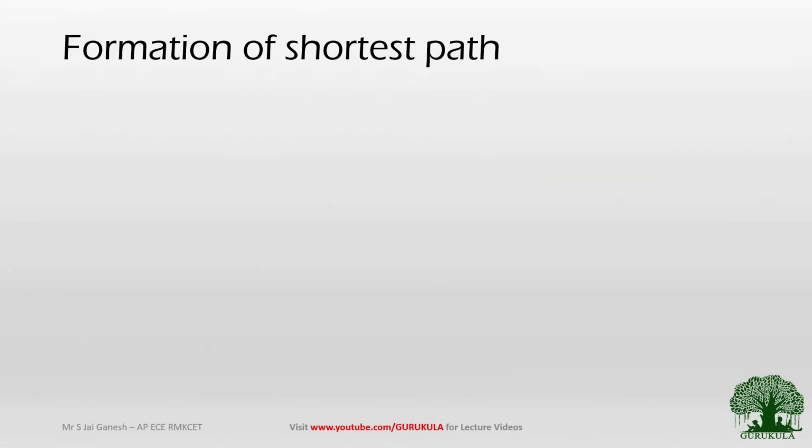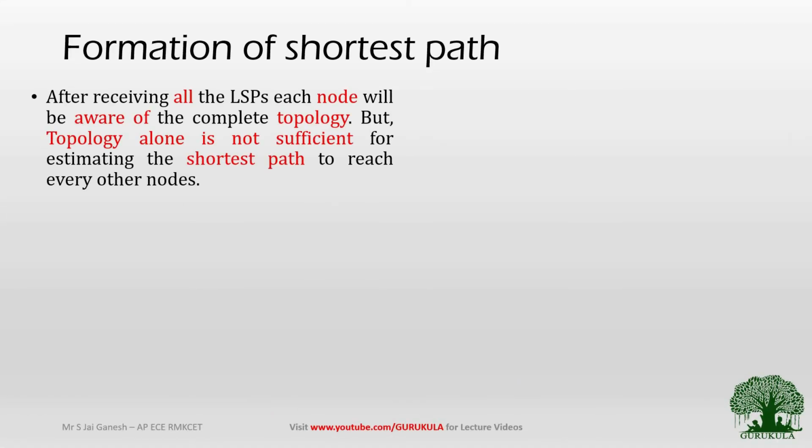The formation of the shortest path tree is done once LSPs have been received from all the nodes. Once a node receives LSPs from all the nodes, it will have the link state database, which we call the LSDB.